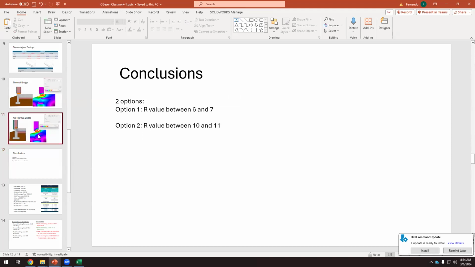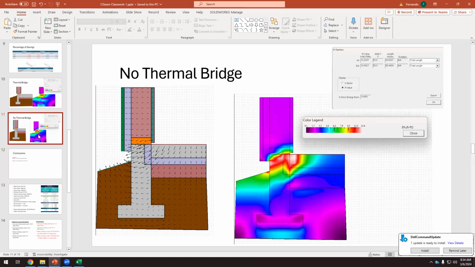Again, can I make it better? Yes, you can add more thermal insulation. Now we can see where the heat is going. We have thermal insulation here, and here, but the heat finds an escape like that.